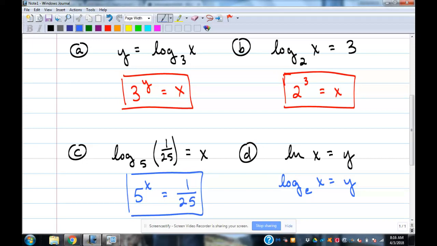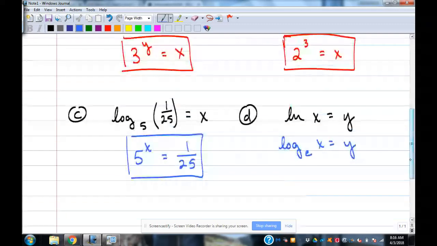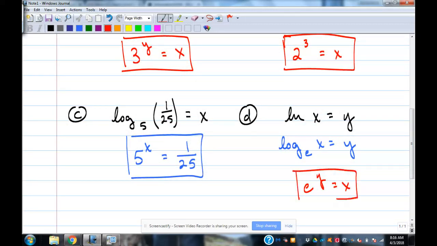They're not going to write it this way. Hardly ever will you see that happening. But they'll write natural log. But it's this. So if we're going to rewrite that as an exponential, the base is now what? E to the what power? E to the y equals x. E is a number. E to the first power is about 2.71 and some change, a whole bunch of decimals after that.